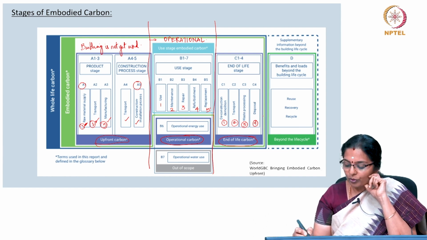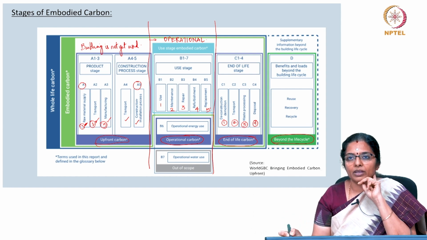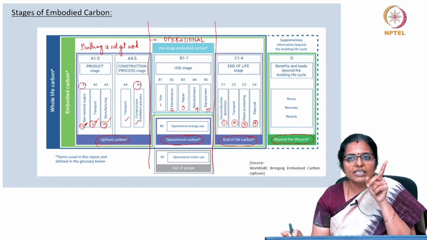And then you have beyond the life cycle carbon. Looking beyond the typical carbon emissions associated with the product's lifecycle is called beyond life cycle. It's essential to factor in emissions reductions achieved through the reuse or recycling of materials.